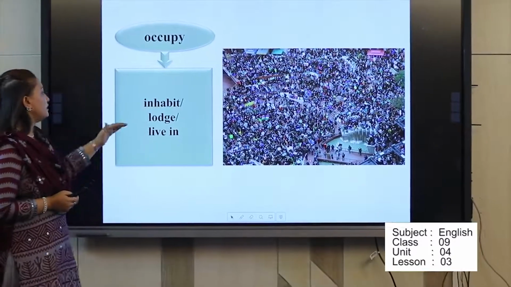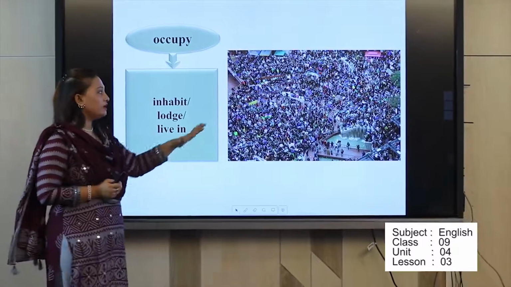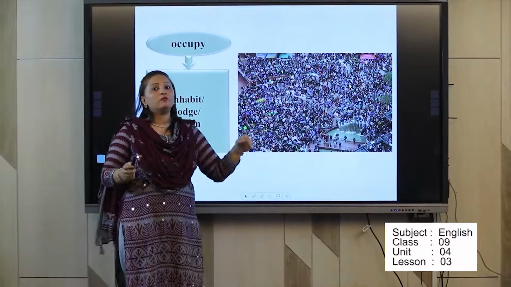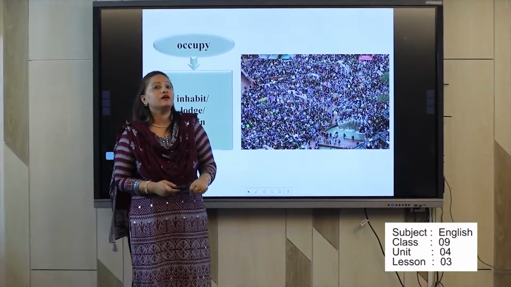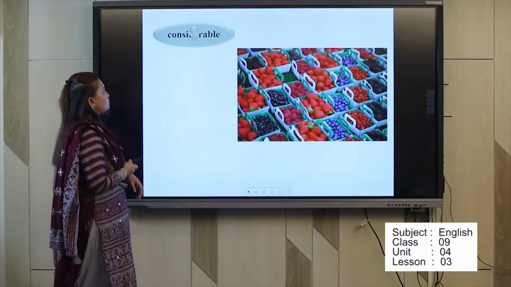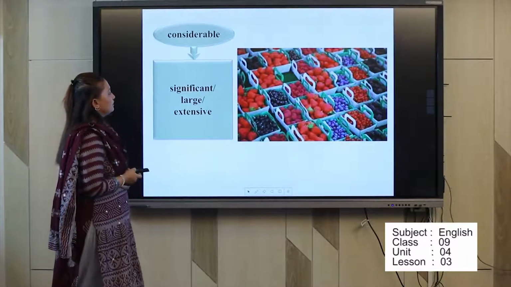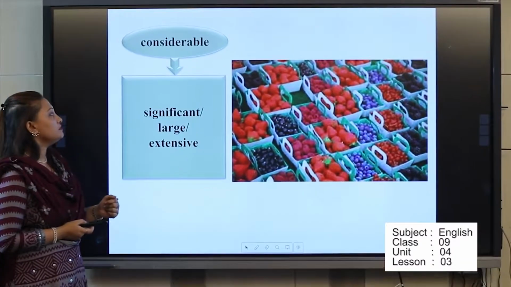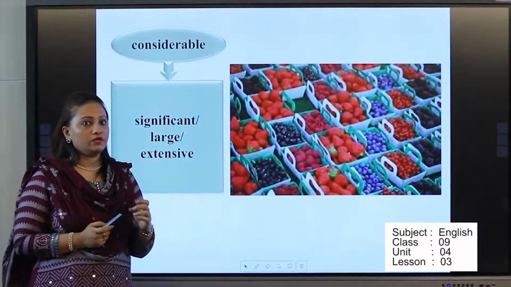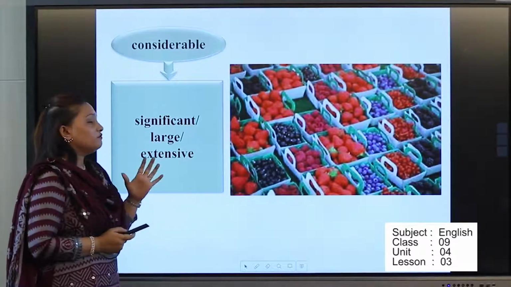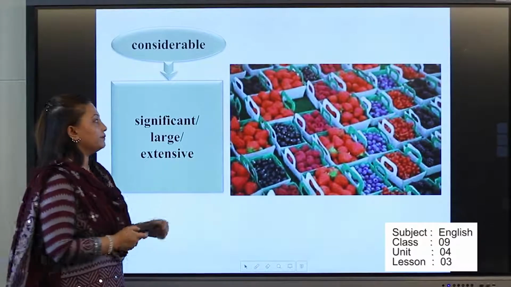And the meaning is inhabit, lodge, and live in. এখানে দেখিয়েছে the people, those who are working, they occupy a place, they set up themselves in a place, okay? And next word considerable and significant, large, extensive. That means considerable, very important, okay?